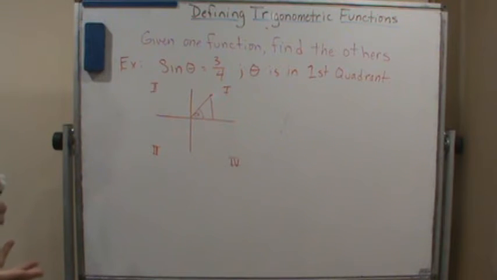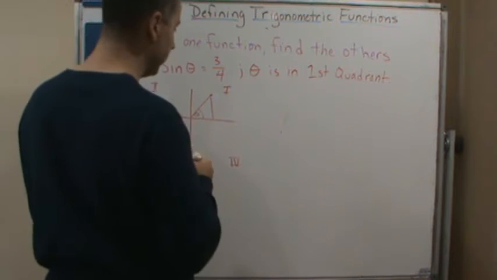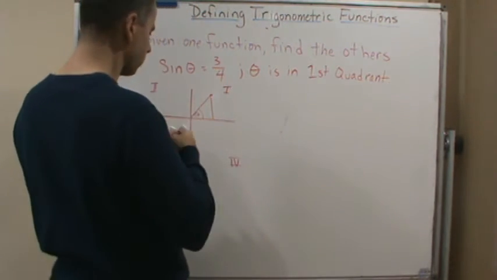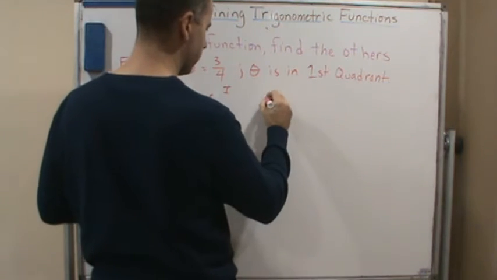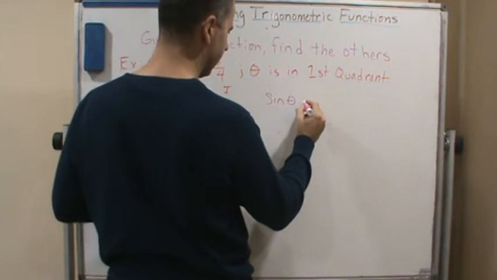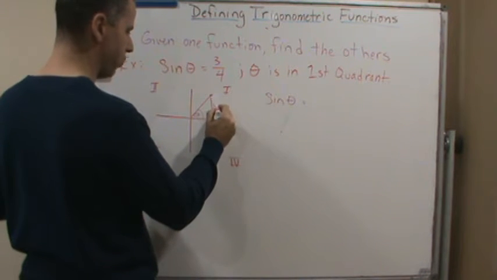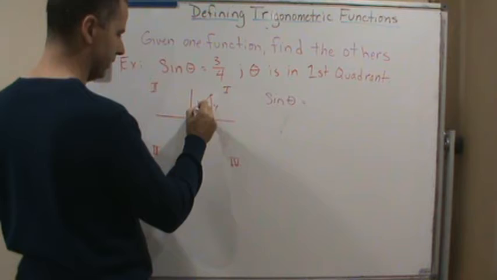So remember, the sine of an angle is opposite over hypotenuse. Let me write it this way. Sine of theta equals opposite over hypotenuse. This is y, this is x, this is r.